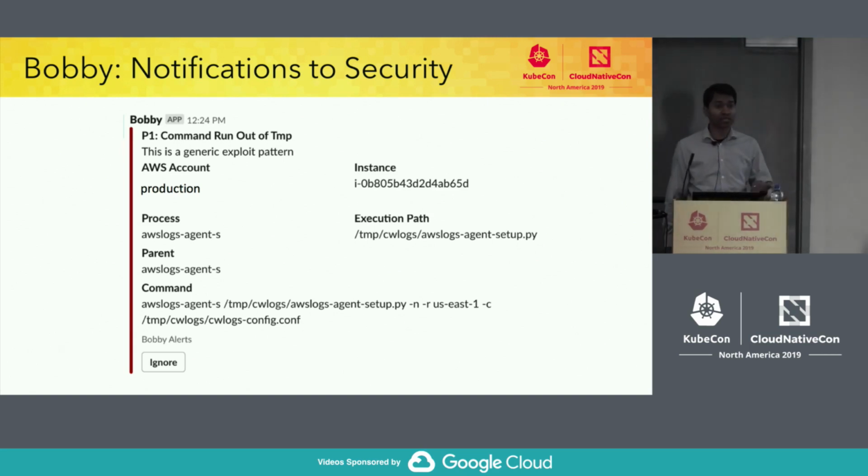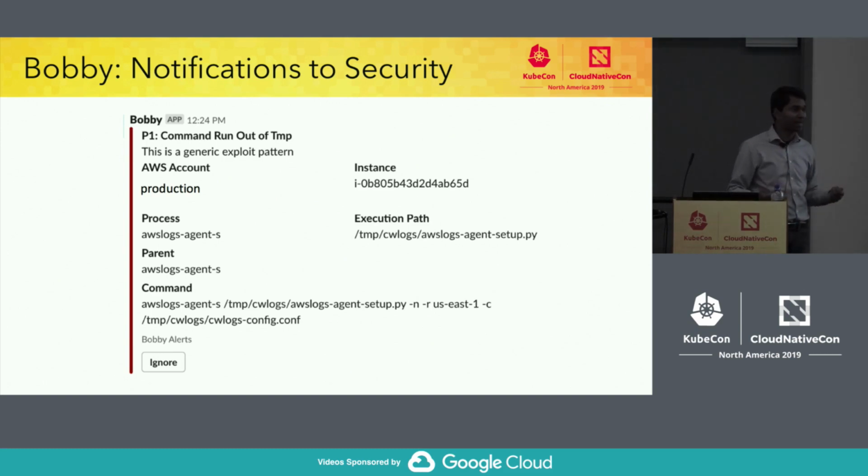The alert got fired because this Python program was executed inside the temp directory, which was not supposed to happen. Given that it is doing AWS logs, it is a false positive. But we have an option to whitelist this alert, and you can see the entire command that was executed.